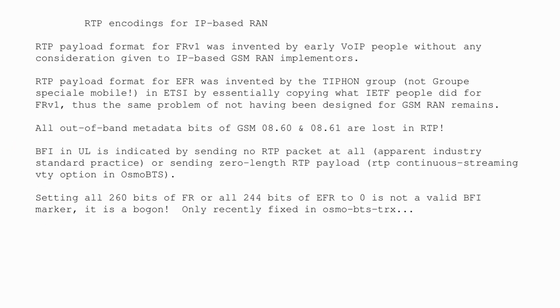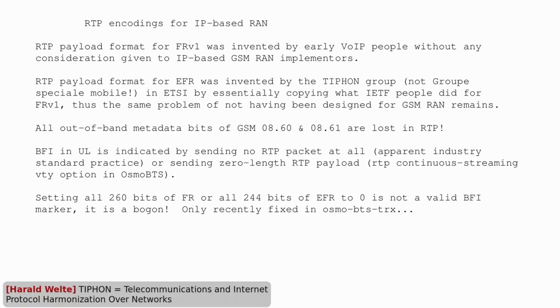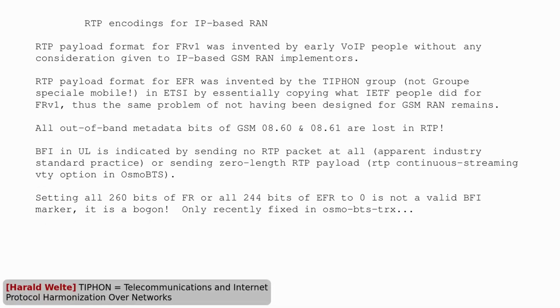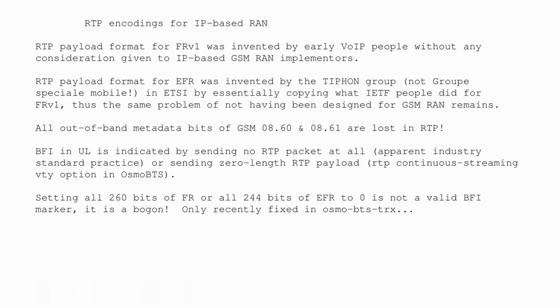So when you look at GSM 08.60 or 08.61, as I was covering previously, we have all of these out-of-band metadata bits that accompany the frames. TIPHON stands for Telecommunications and Internet Protocol Harmonization Over Networks. I know what it stands for because it's on the title page of the TS 101 318 spec, which decodes the abbreviation.